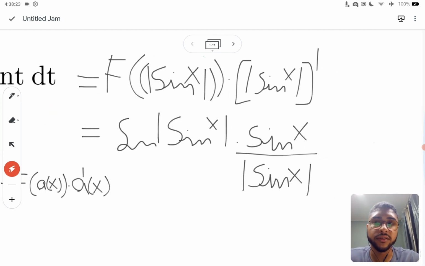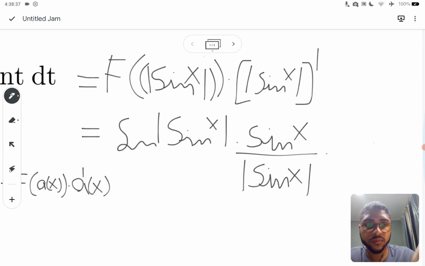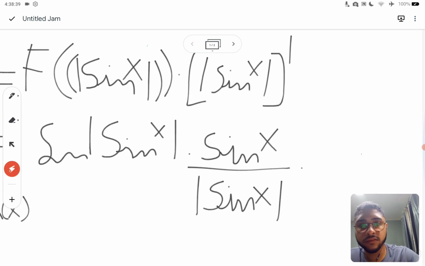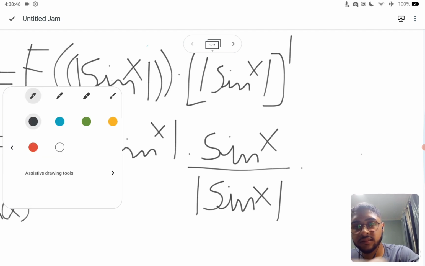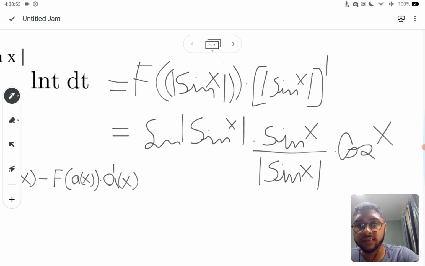Remember that we are using the chain rule. This is the derivative of the outer function evaluated at the inner function, plus, it's not the end yet, times the derivative of the inner function. The derivative of the inner function sine x is the cosine x.